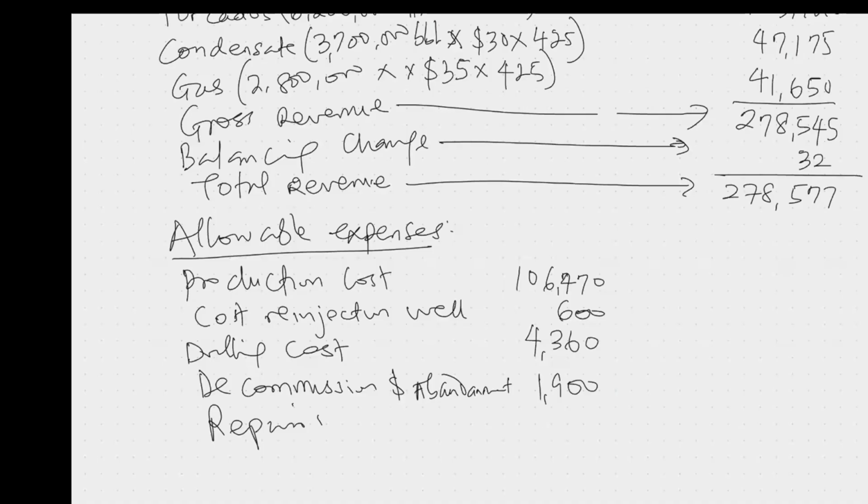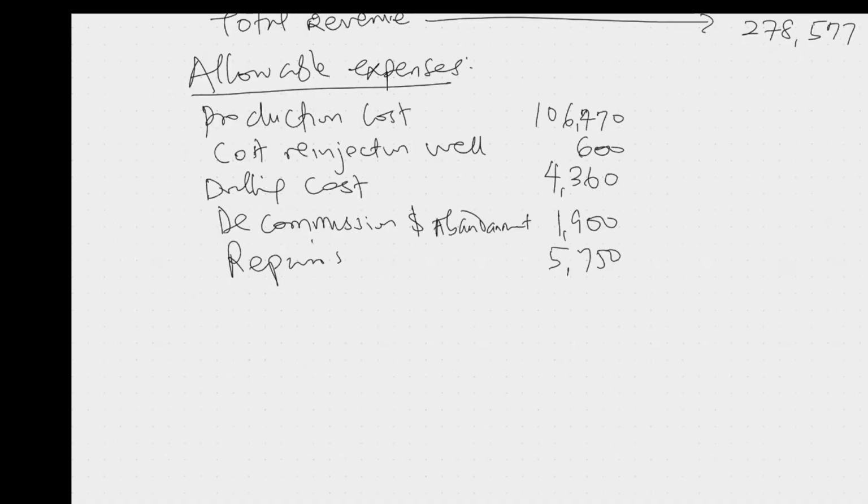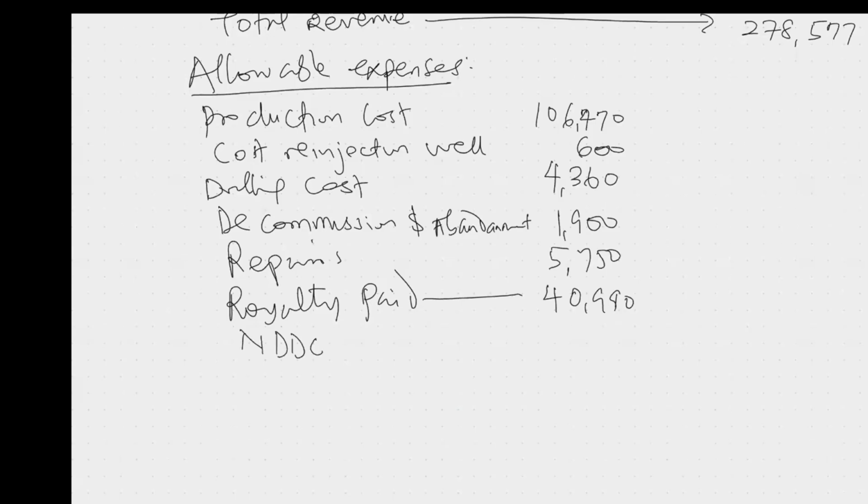The next one, royalty paid. How much? 40,990. NDDC: how much? 250. Under the Finance Act, finance cost is not allowed, right? Yes.